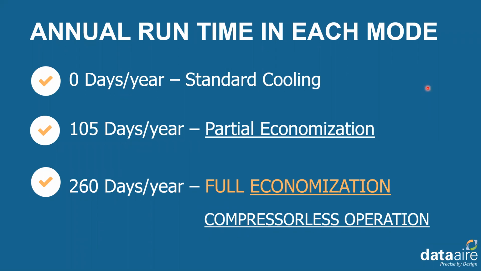The pumped refrigerant economizer depends on the difference between the outdoor dry bulb temperature and the return air temperature. The Data Aire solution, on the other hand, depends on the difference between the outdoor wet bulb temperature and the return air temperature. So that is a much cooler temperature to look at.